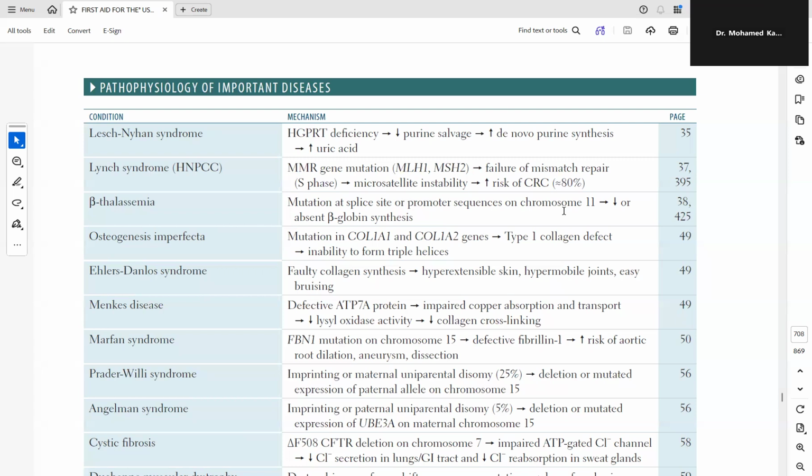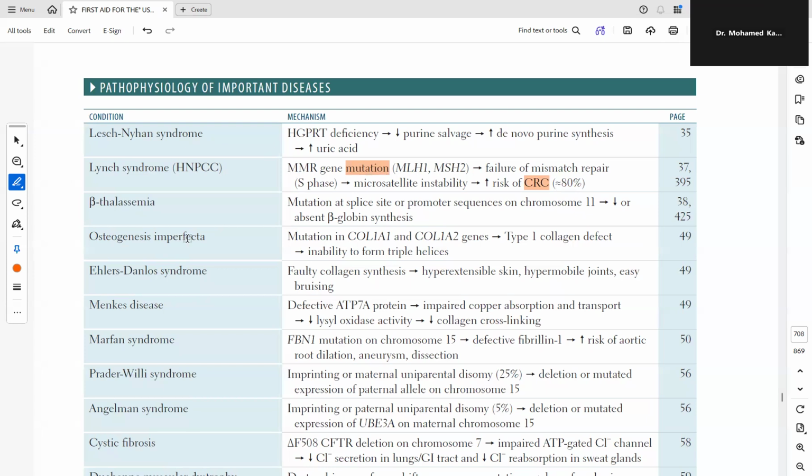It is colorectal cancer. This one is colorectal cancer. This mutation will increase the risk by 80%.